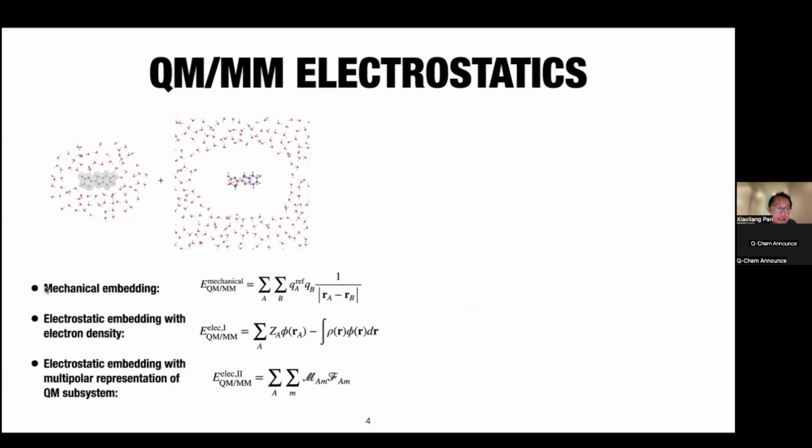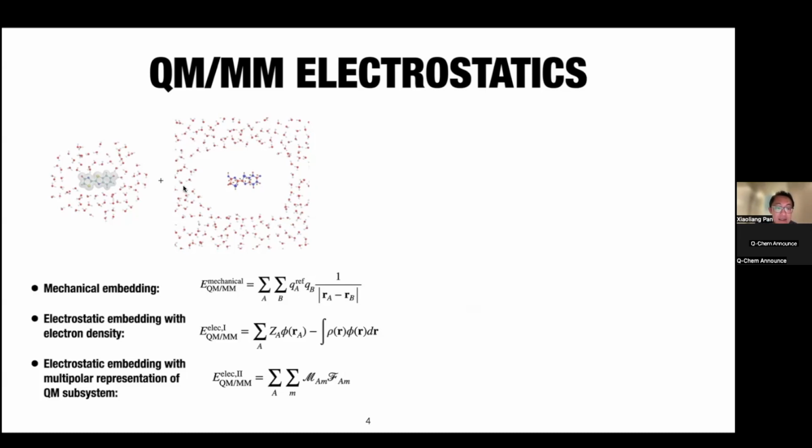Another choice of embedding is mechanical embedding, but here the QM atoms are just represented by a fixed set of charges. So you won't have any polarization effect from the environment. So usually this is not a good choice for biomolecular systems.